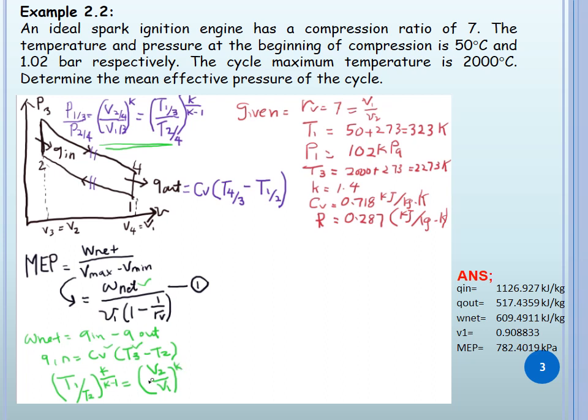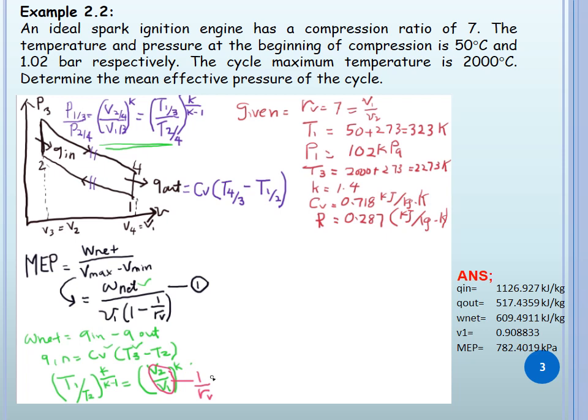Now let me see, forget about K. V2 over V1 is actually 1 over rv.